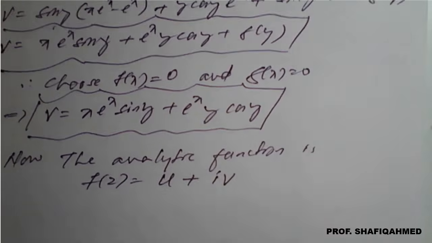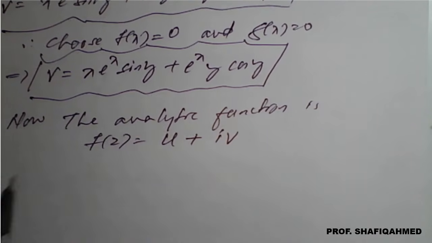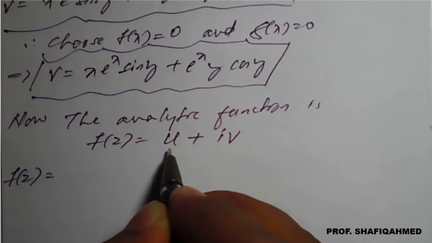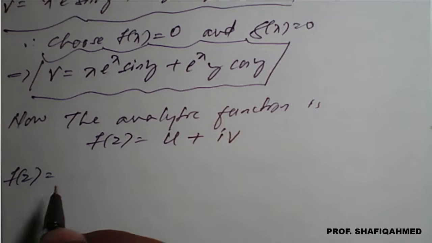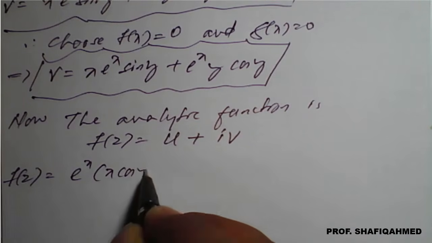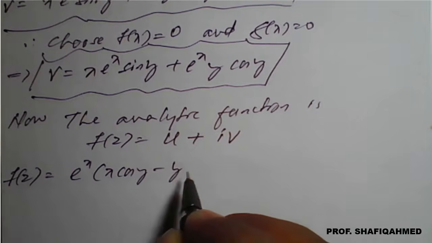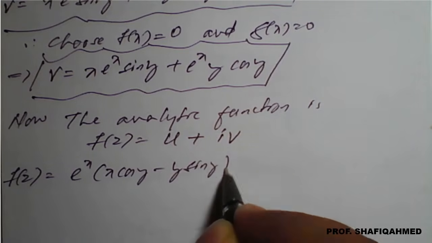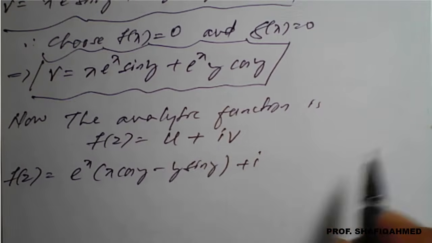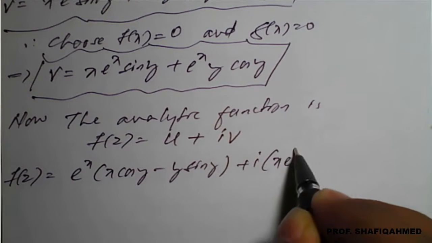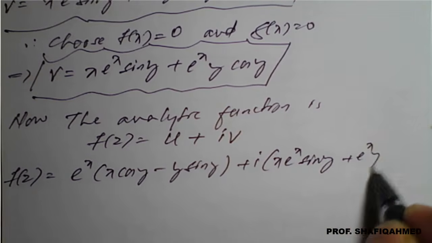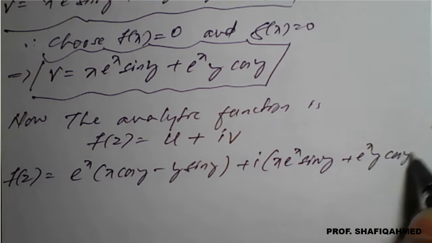So we know u value from the question, v value just now we got it, then we'll get f of z as, f of z is equal to the value of u from the question, it is e raised to x bracket x cos y minus y sin y plus i times v value, if you see here v value what we got, it is x e raised to x into sin y plus e raised to x into y times cos y.